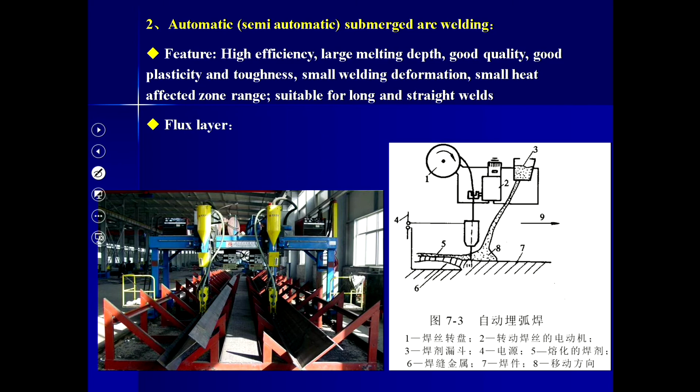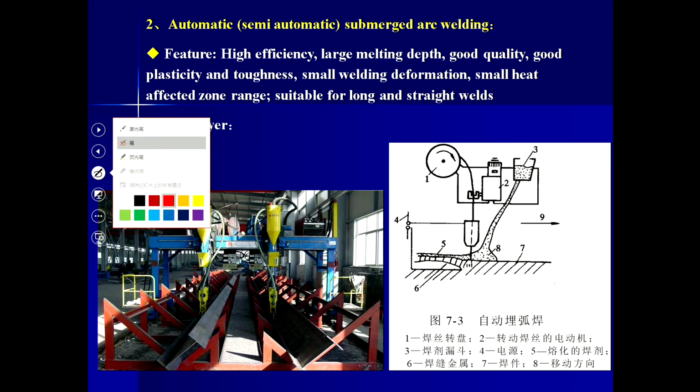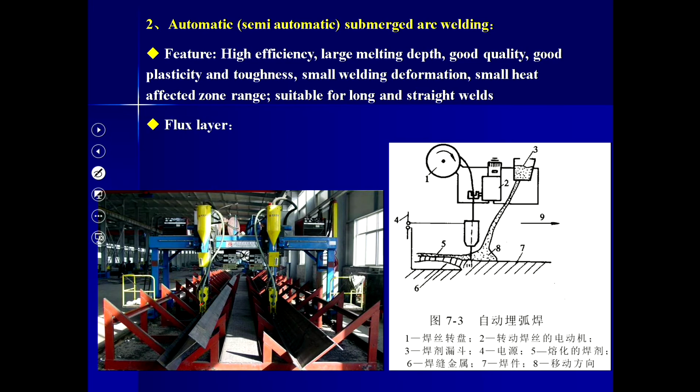You can see here two welding guides directly welding these two pieces. For this welding, they make the H shape steel from three parts.